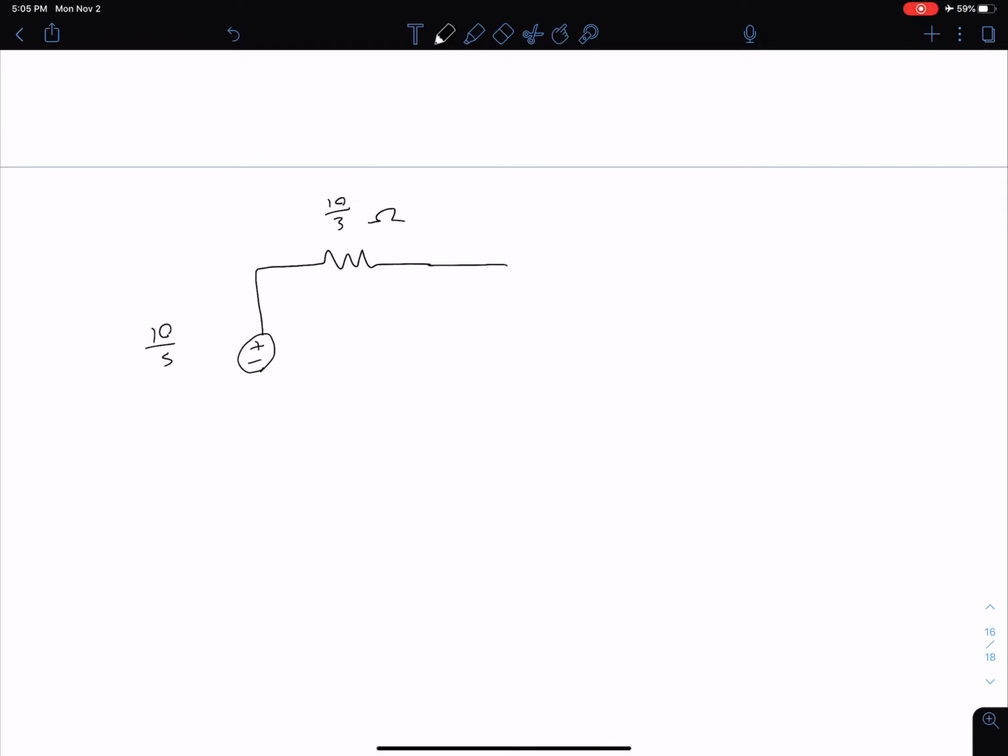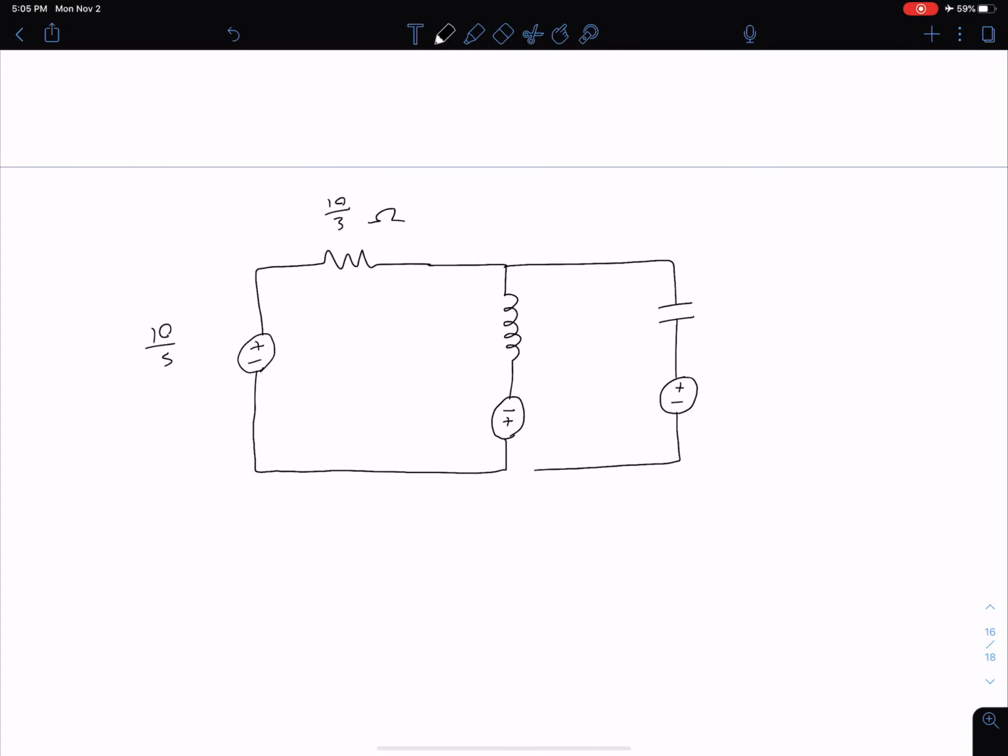Our inductor is going to become an inductor in series with a voltage source, and looking at our notes, that's going to have a negative polarity at the top. Our capacitor, likewise, we're going to substitute with a capacitor in series with a voltage source, and looking at our notes, this voltage polarity should be such that the positive side is on the top. So we get something that looks like this.